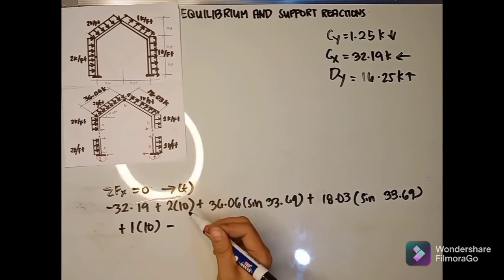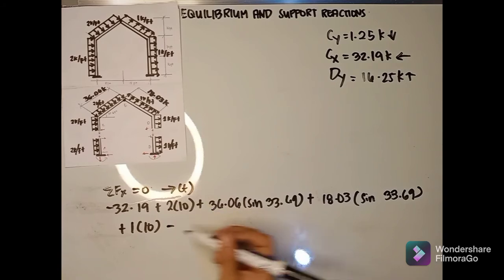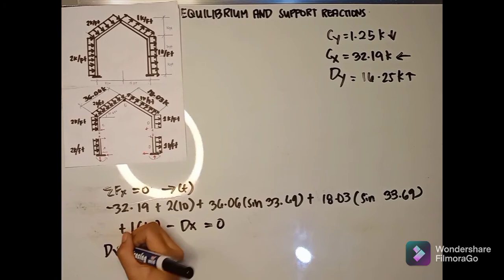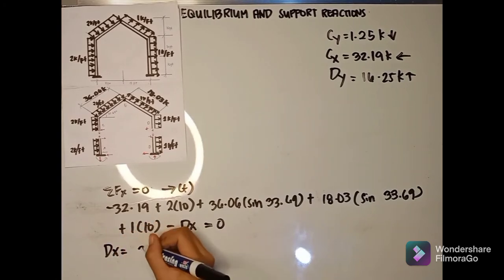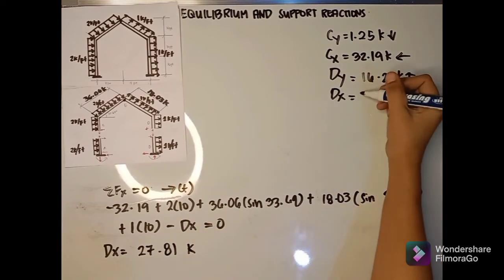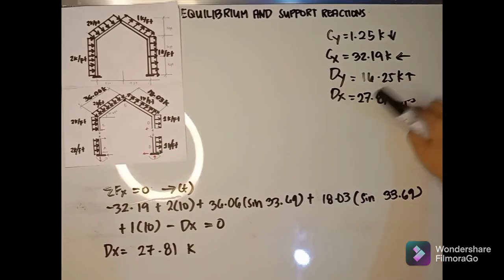Our assumption for Dx is to the left, so negative Dx. Now, solving for Dx is 27.81 kips. So Dx is equal to 27.81 kips, and our assumption that it is to the left is correct.